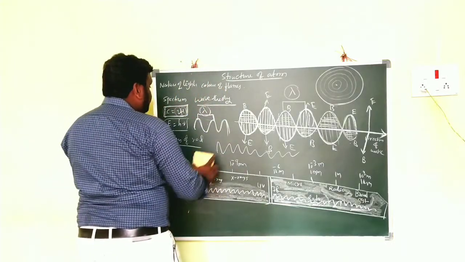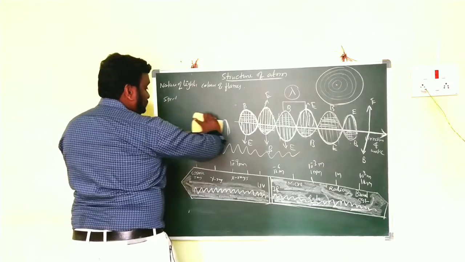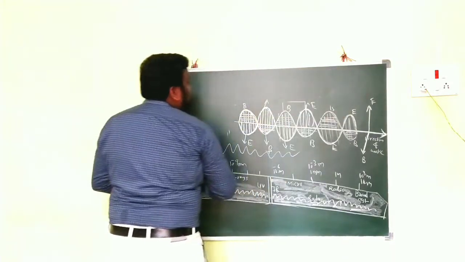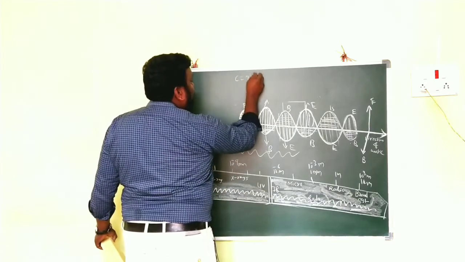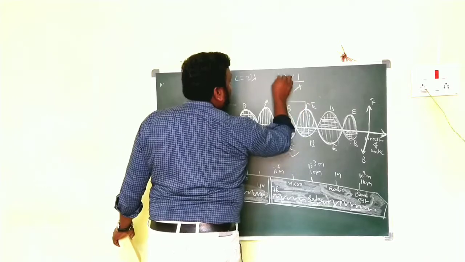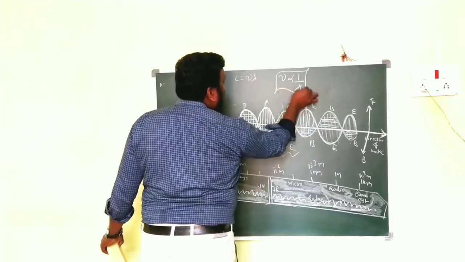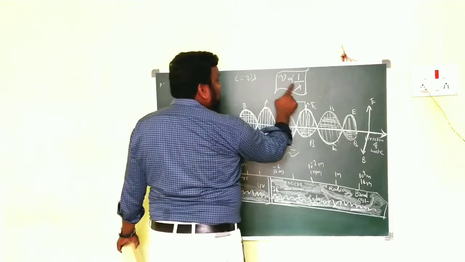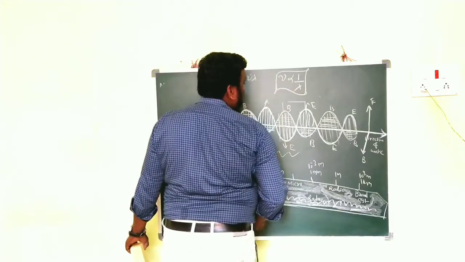So generally, C is equal to nu lambda. From that, nu is proportional to 1 by lambda. I clearly told in previous videos, frequency and wavelength are inversely proportional.